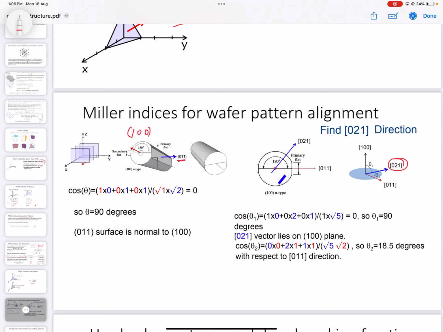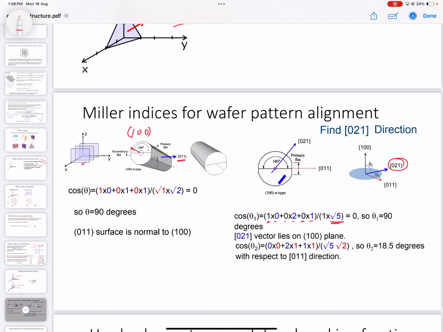Here it is 1, you see 1 0 0 and 0 2 1, and you normalize it with the magnitude, 1 by root 5, and this is the theta. So first thing I establish is that 0 2 1 lies in the plane. It has to be in this plane, right? If it is somewhere here, I cannot make a device in the air, right?